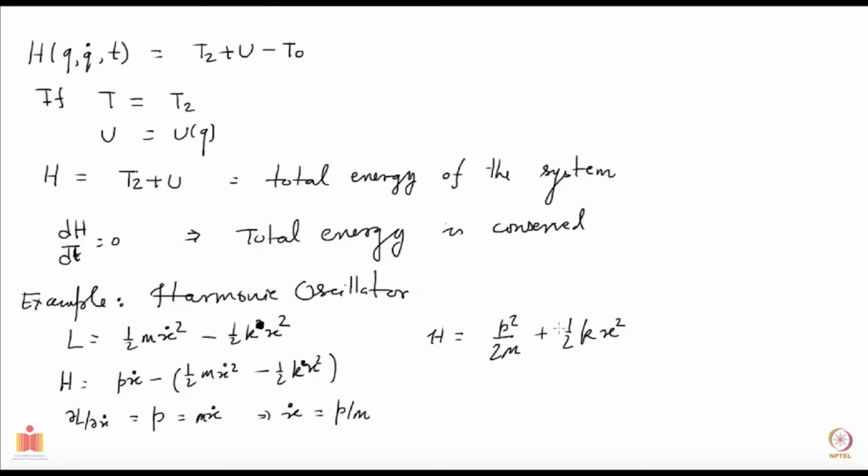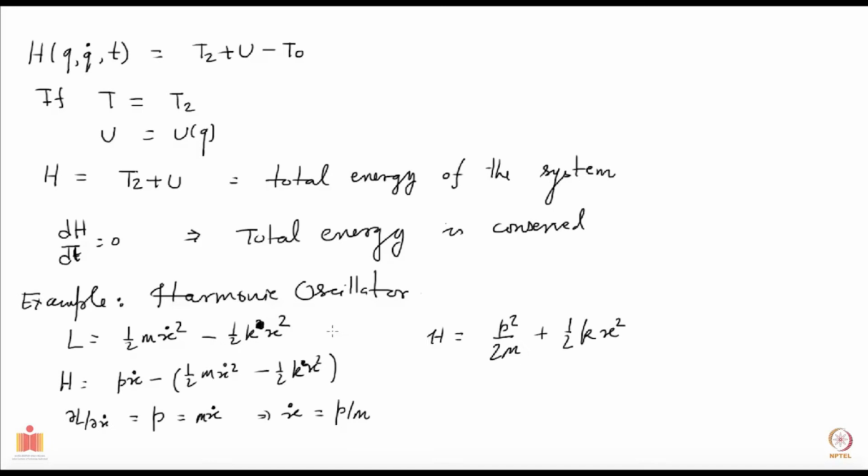And the system is conservative. The potential energy depends only on q, only on the x. And this just has the quadratic piece in velocities. So you expect that the Hamiltonian will come out to be this. And because this Lagrangian does not depend explicitly on time, remember the coordinates depend on t, but that time dependence is implicit through the coordinates, but there is no explicit time dependence in here.